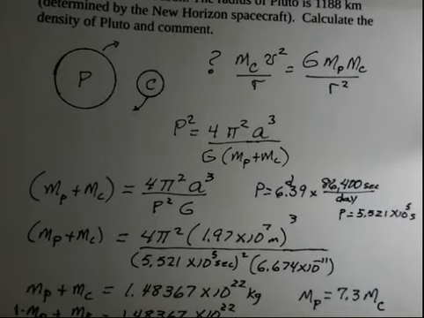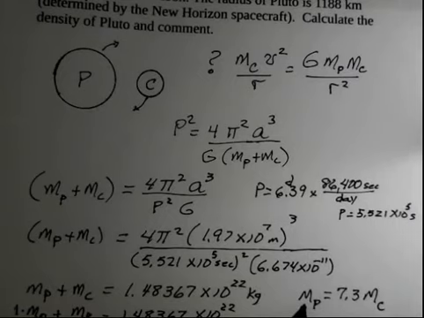But that's the combined mass. How do I find just the mass of Pluto? Well, we make use of the fact that the moon Charon has an orbit that's 7.3 times larger than the motion of Pluto. That means that their masses have a ratio of 7.3, with Pluto being the more massive object. It moves less, so it's the more massive object, and it's 7.3 times the mass of Charon.